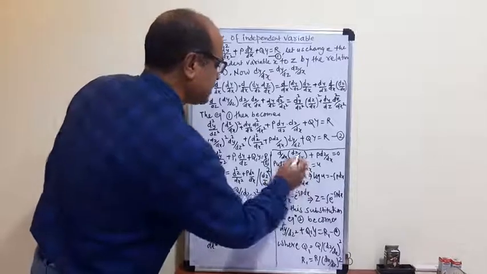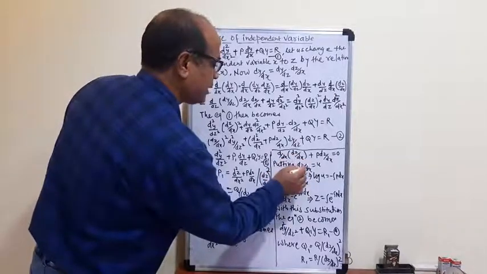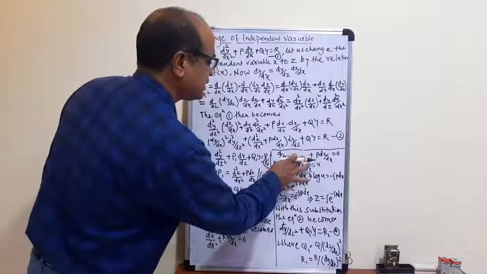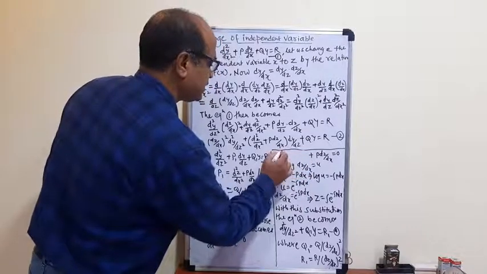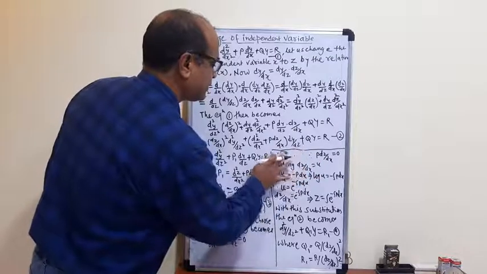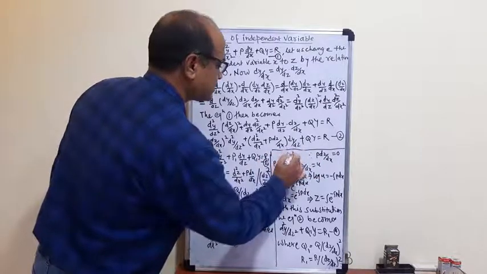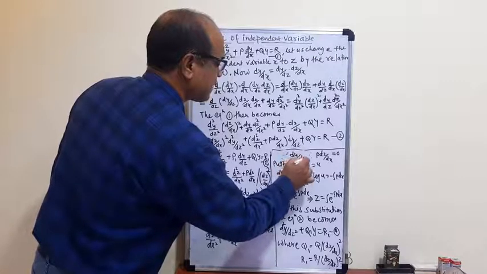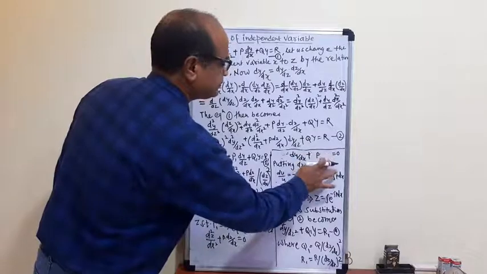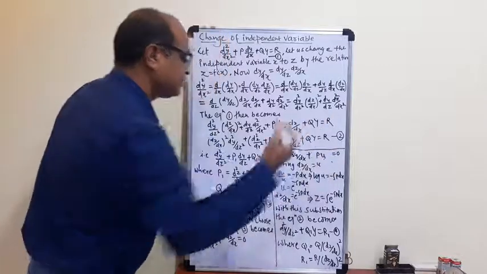Put dz by dx is equal to u, so du by dx plus p u is equal to 0.